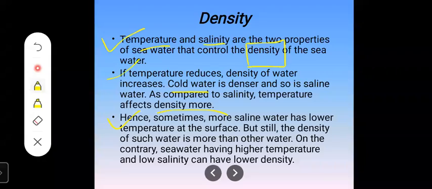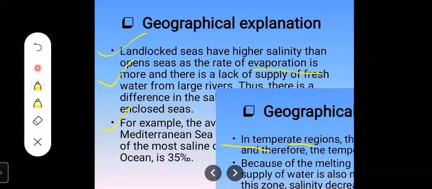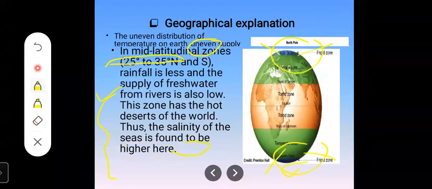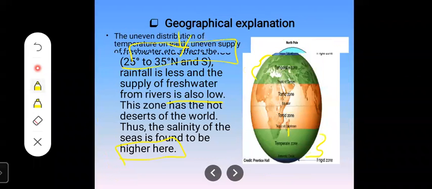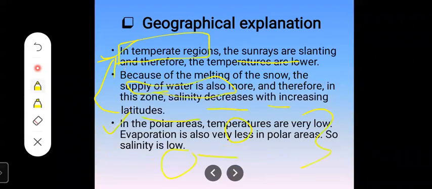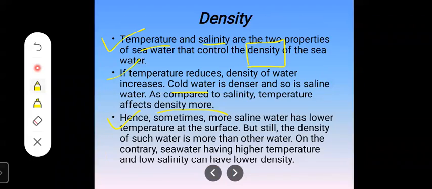I'm talking about this polar region, students. Here the temperature is very low. That's why the water there starts cooling and converts into ice cubes. Keep that polar region example in your mind.